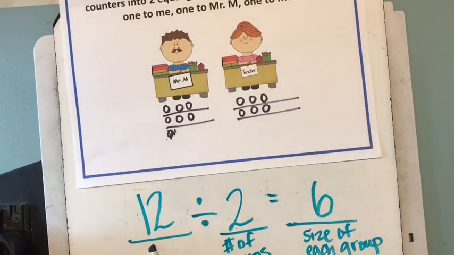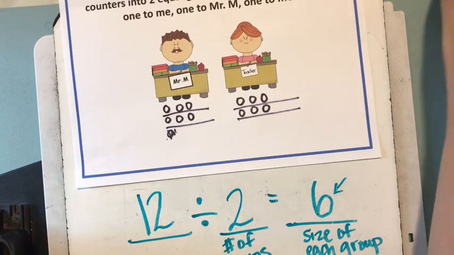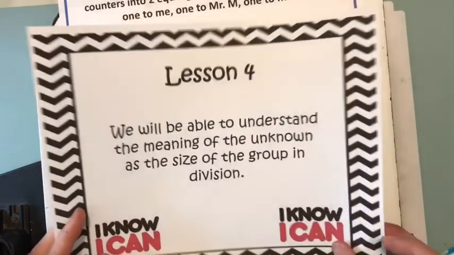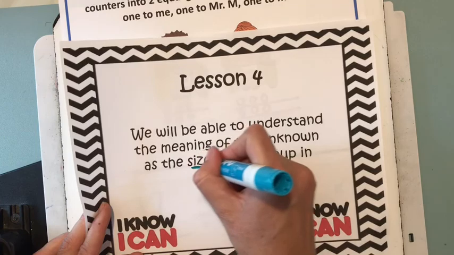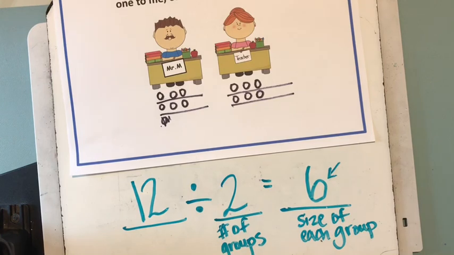So 12 divided by 2 equals 6. Remember, our unknown, our objective, was to find the size of the group. Did we find it? We did. We found out that I got 6 amazing new markers.